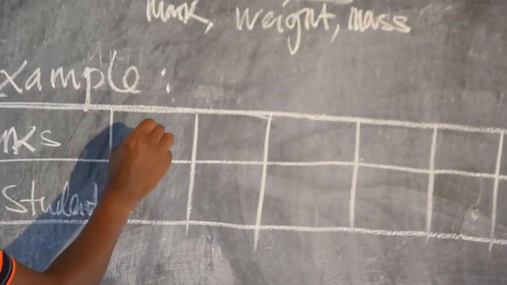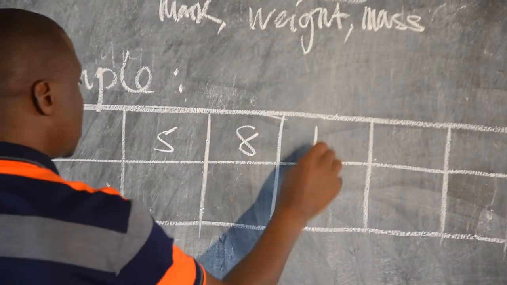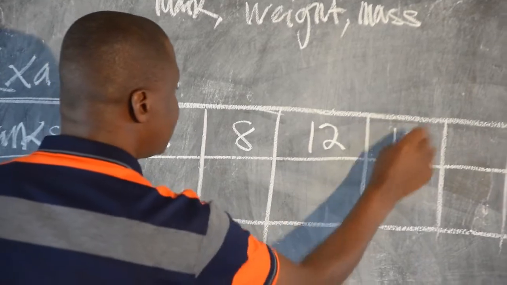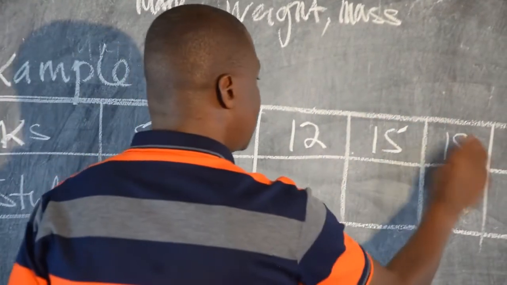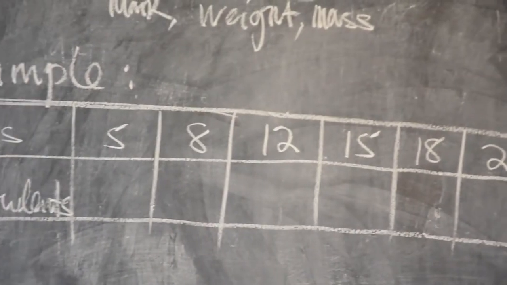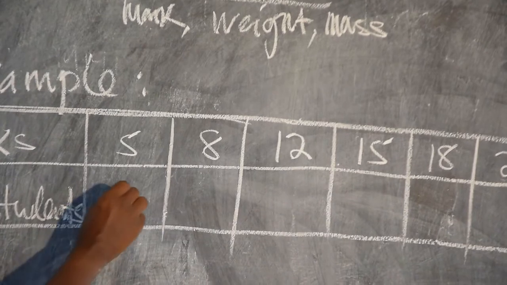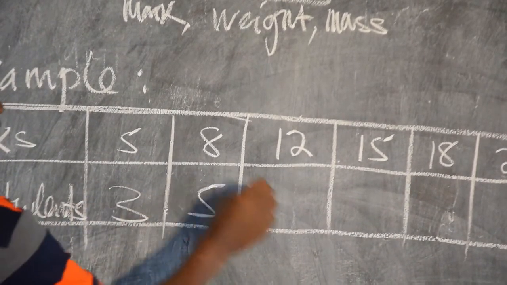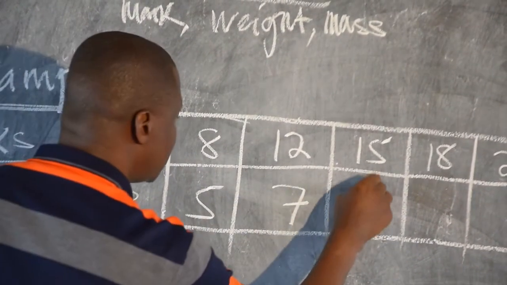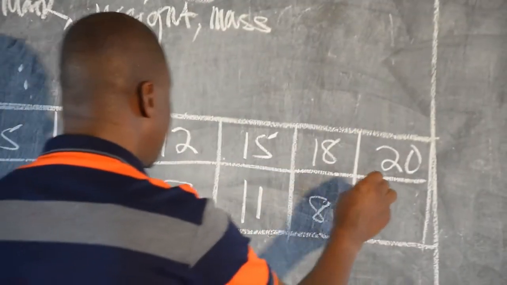So we can have 5, 8, 12, 15, 18, 20 in that arrangement. Those are marks. Then here we have number of students: 3, 5, 7, 11, 8, 2.